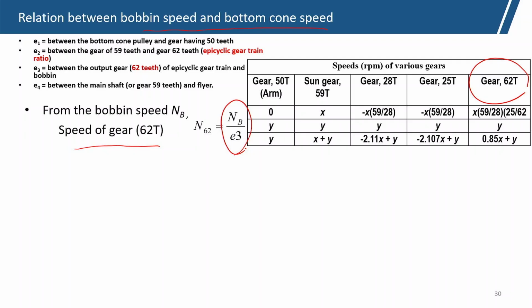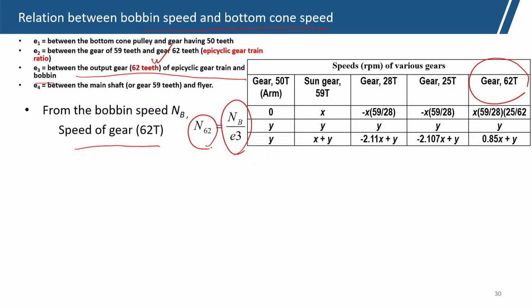E3 is the gear ratio between the output of the epicyclic gear and the bobbin. So, NB divided by E3 will be the output RPM of the epicyclic gear.